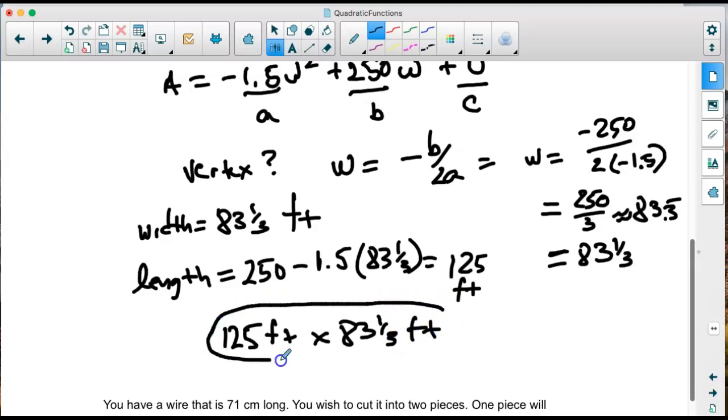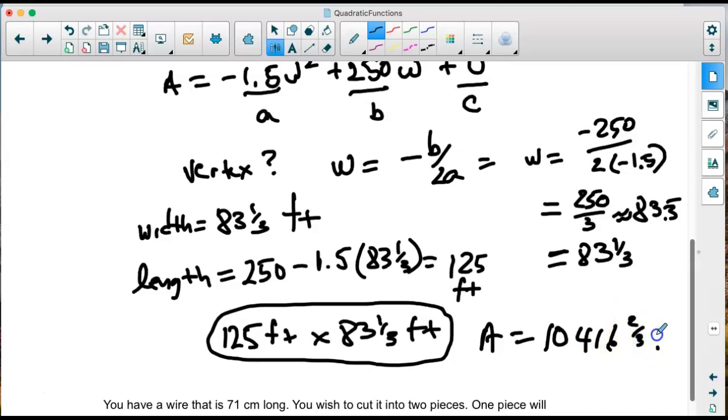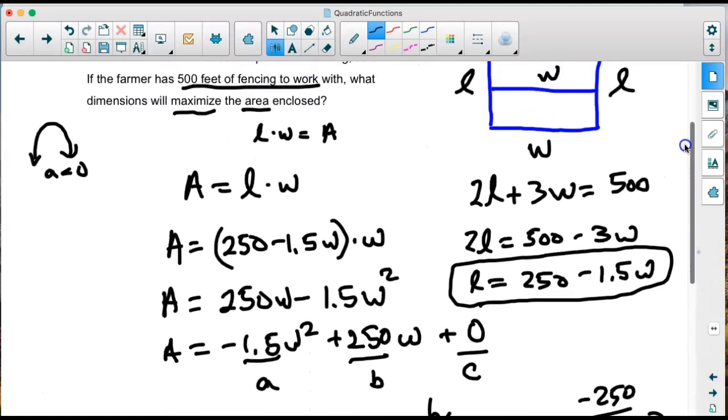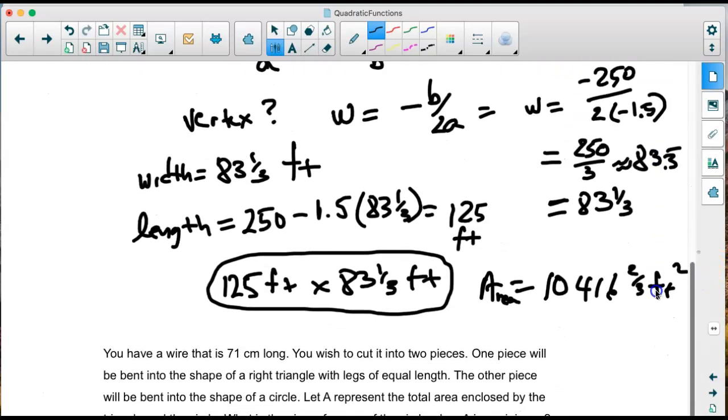That should give us our maximum area, and our maximum area would be 10,416 and 2/3 feet squared, if we wanted to know that. I think they just wanted the dimensions, so we found the dimensions right here. Okay, so that was my first example.